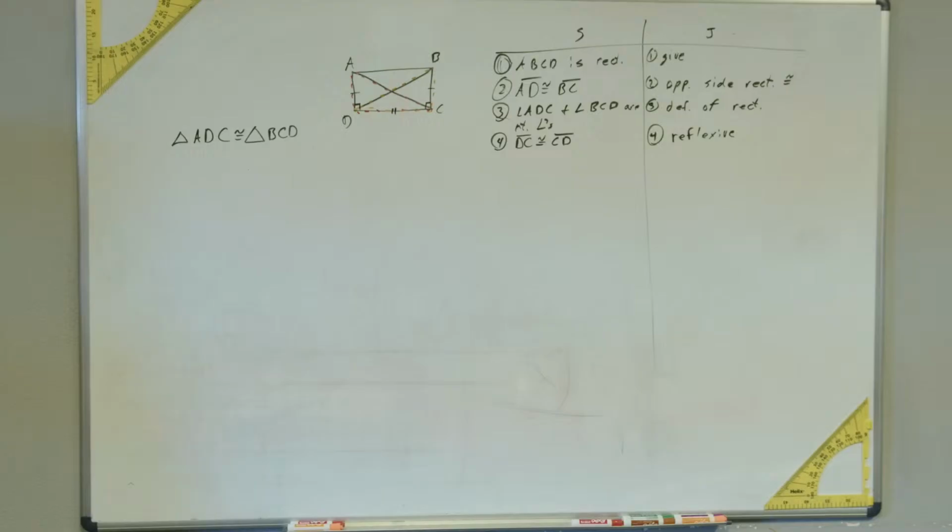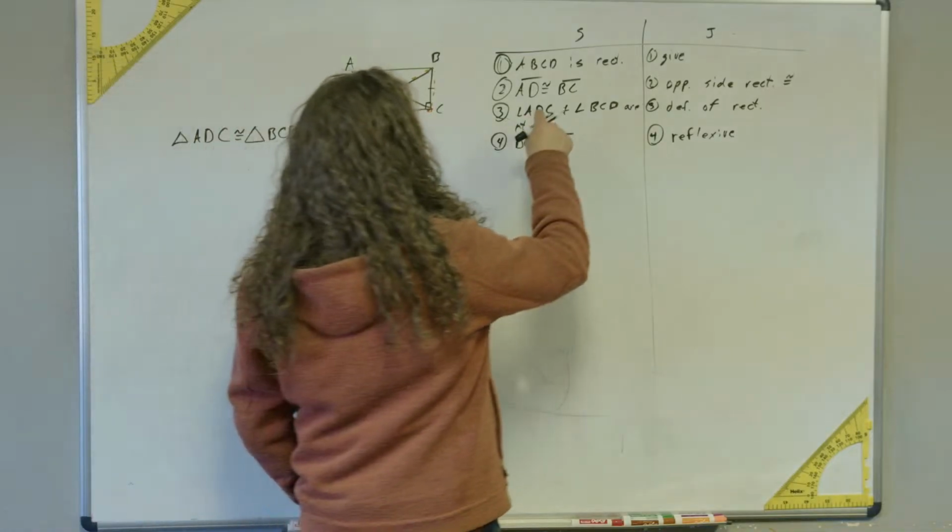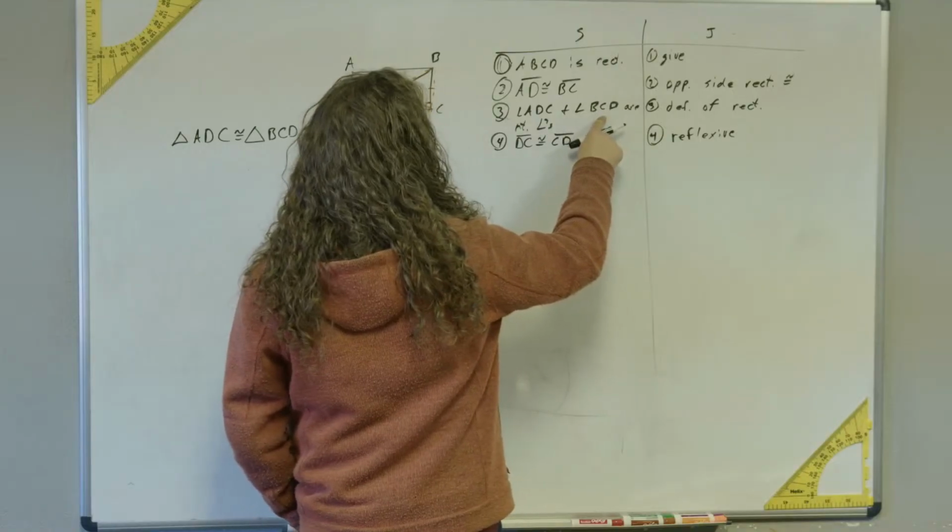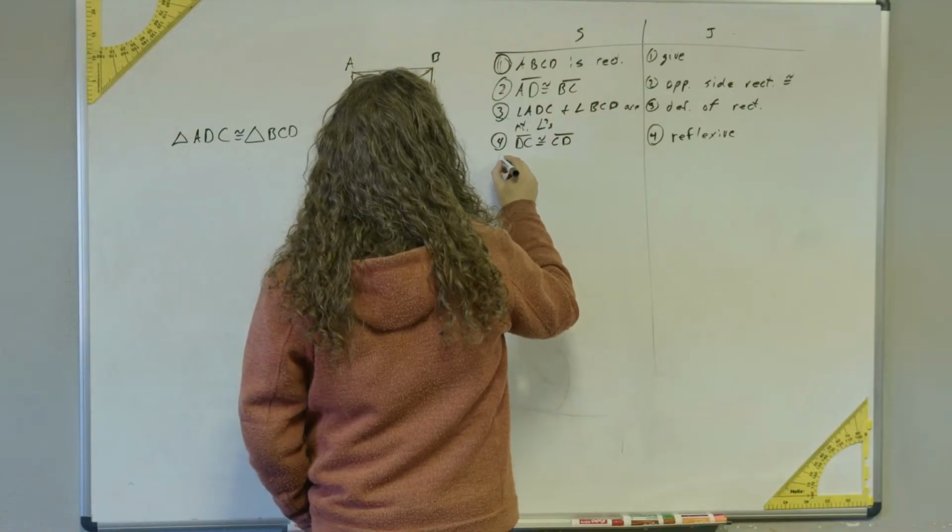Your side angle side. So technically, no, we don't yet, but we basically do. And if you wrote that at this point in this proof on a test, I probably wouldn't count off. Technically, we have to say that this angle is congruent to that angle. We haven't technically said that yet.